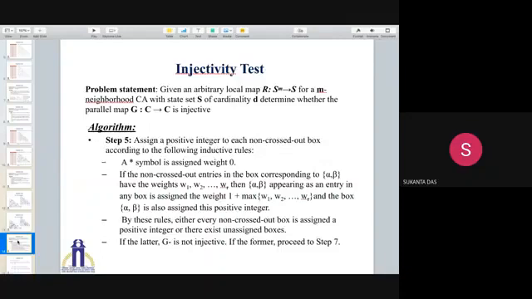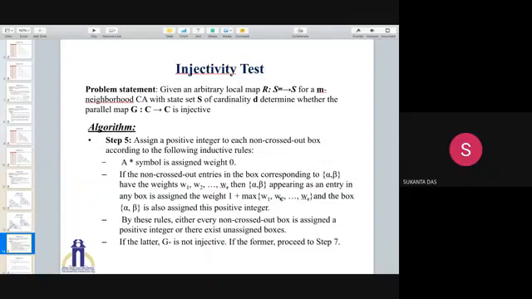And if the non-crossed out entries in the box corresponding to alpha beta have weights like W1, W2, WR, then alpha beta is assigned the weight 1 plus maximum of W1, W2, WR.